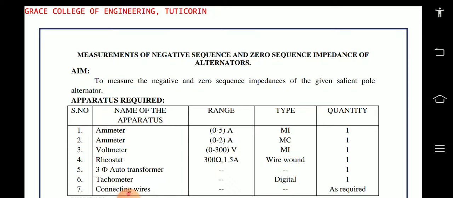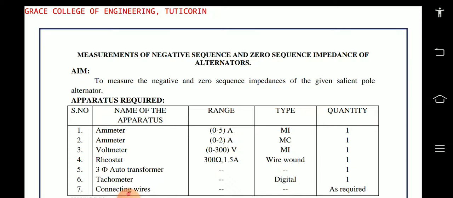In order to construct this circuit diagram in our laboratory, we require some apparatus which is tabulated in this tabular column: ammeter, voltmeter, rheostat, three-phase auto transformer, tachometer and connecting wires.